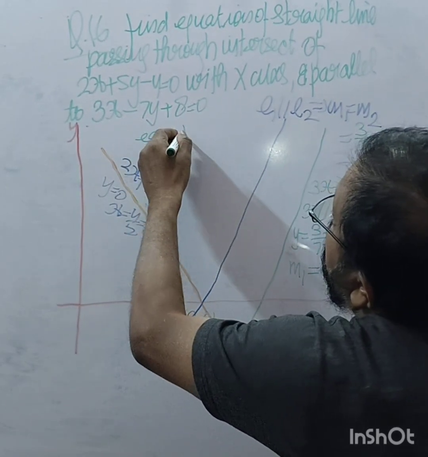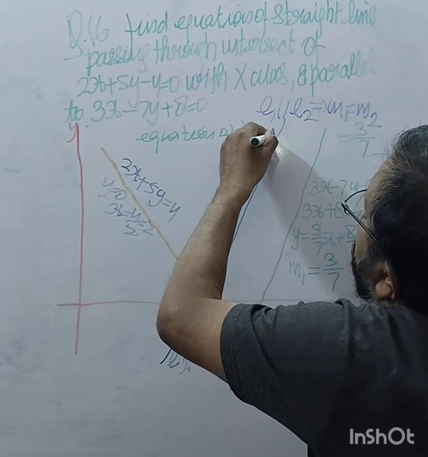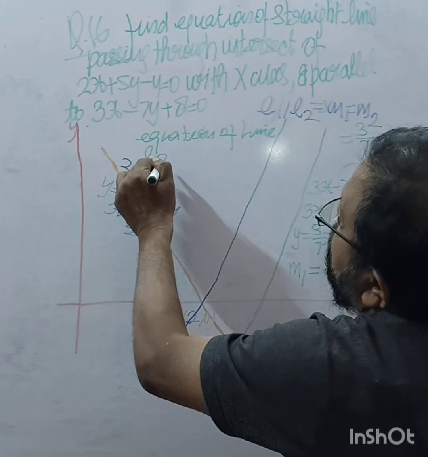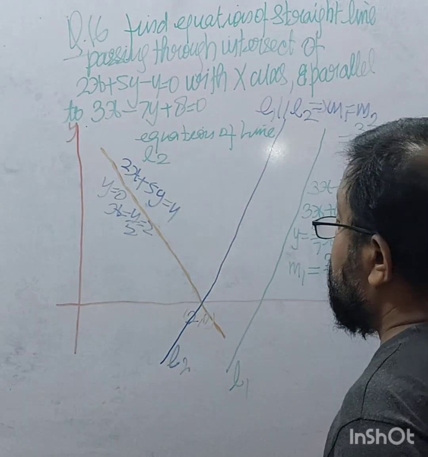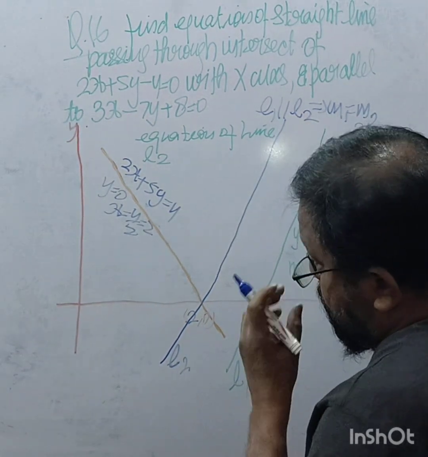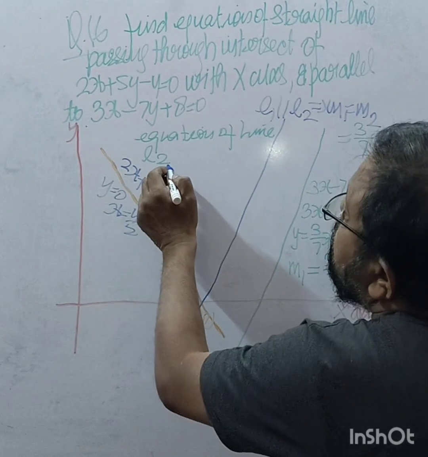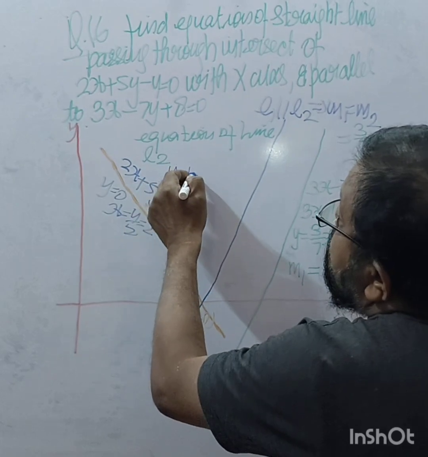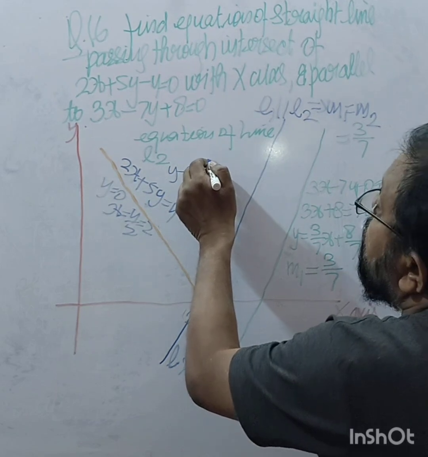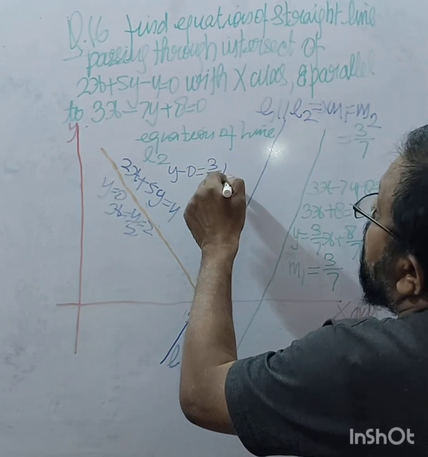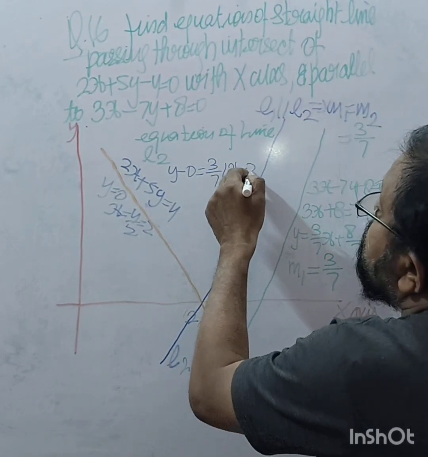So the equation of this line L2 is y minus 0 is equal to 3/7 bracket x minus 2.